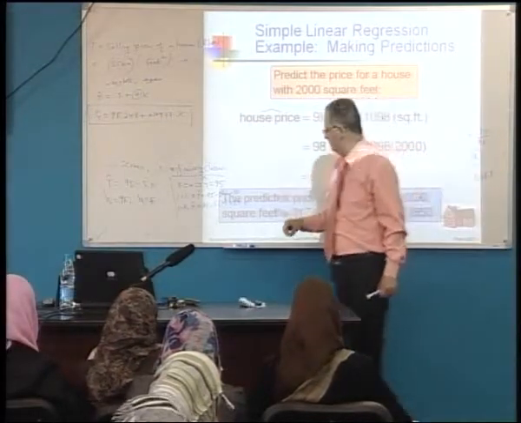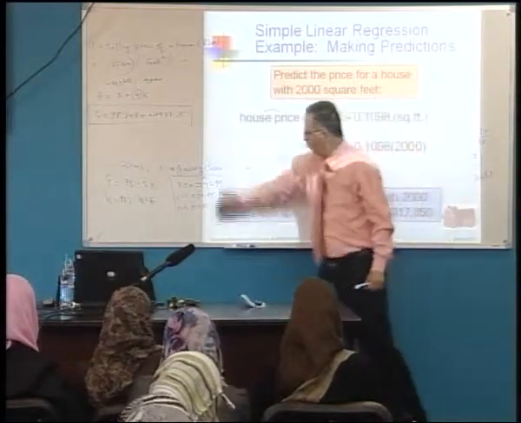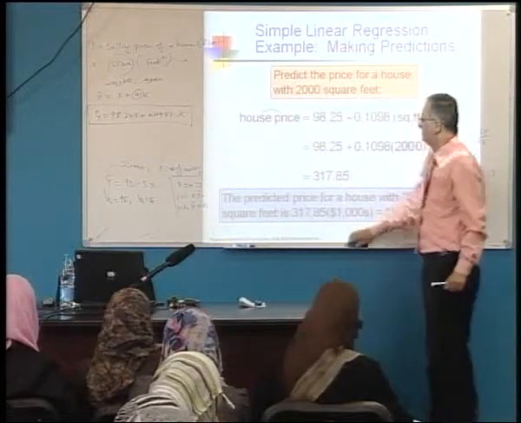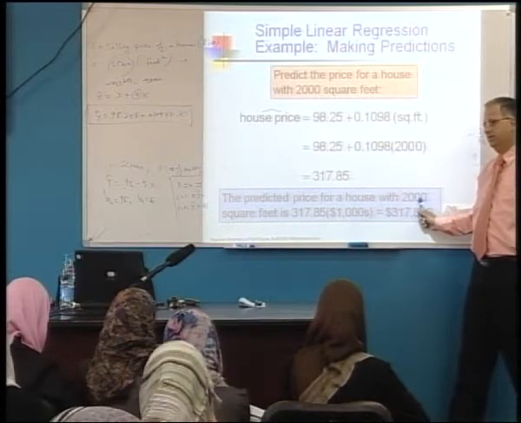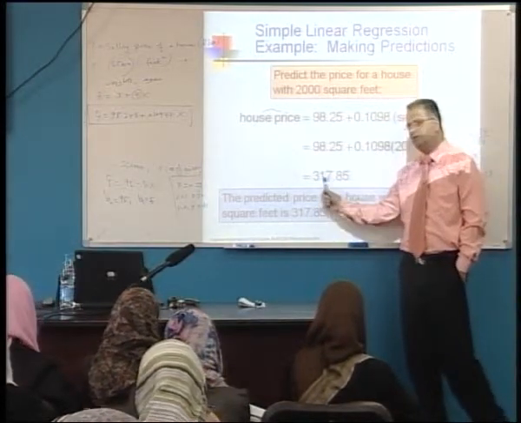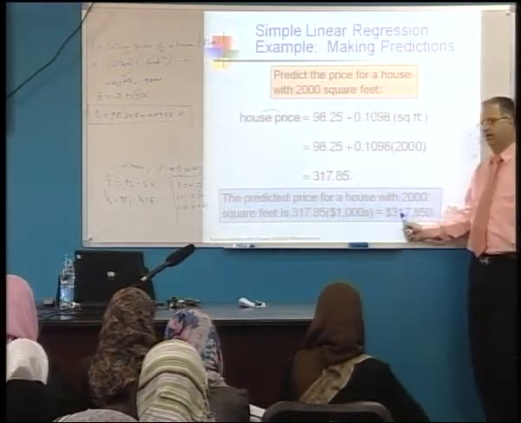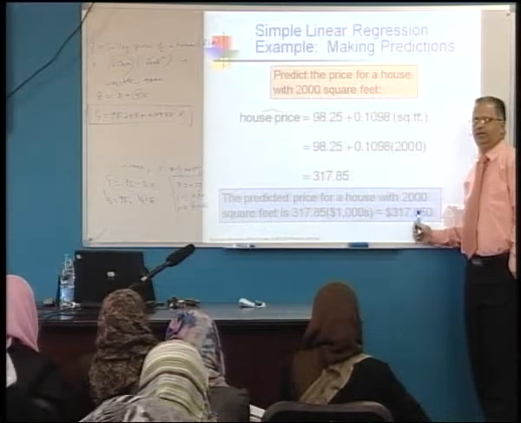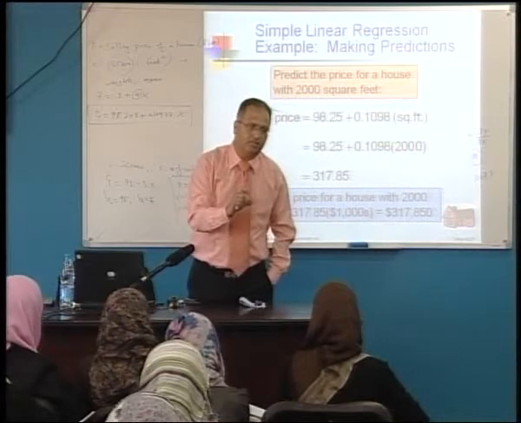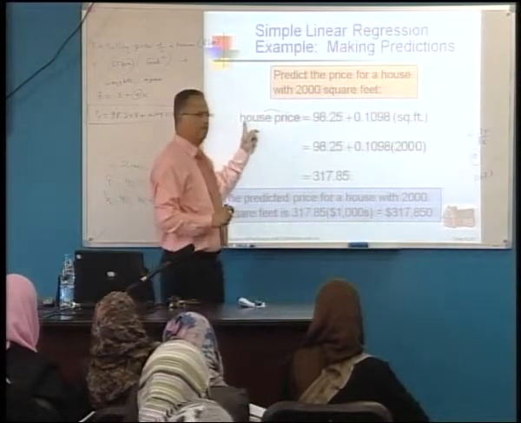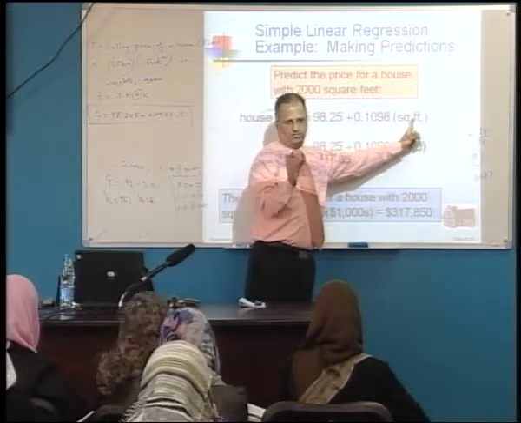That will give the house price for 2,000 square feet. So the predicted price is this amount multiplied by 1,000, which will give $317,850.